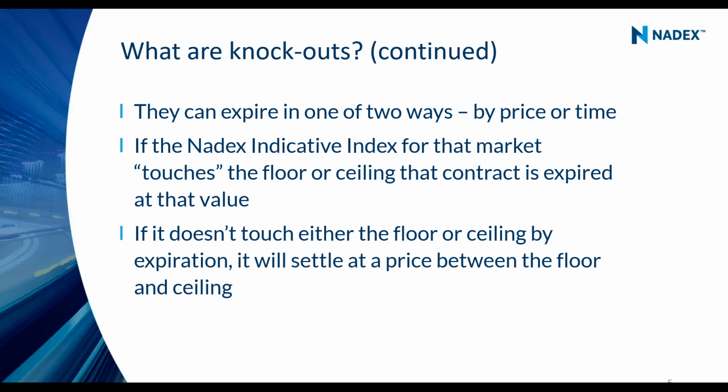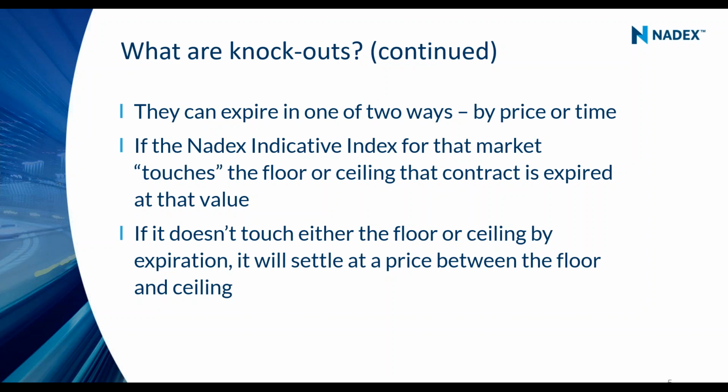The other way that it would settle is time. All right, and here you buy or sell a contract. You buy or sell the price of something, you buy or sell the price of gold, and it never touches the floor or the ceiling by the expiration time. There is a settlement. These are weekly contracts.